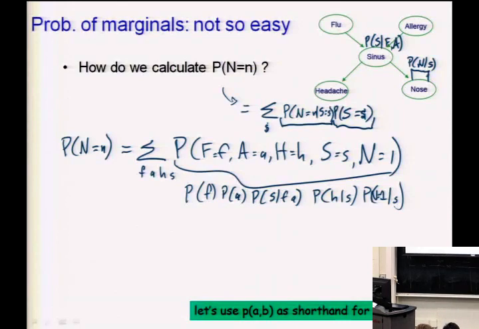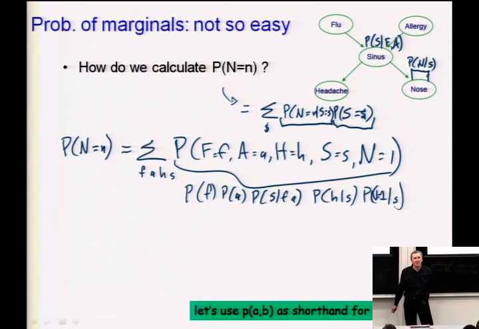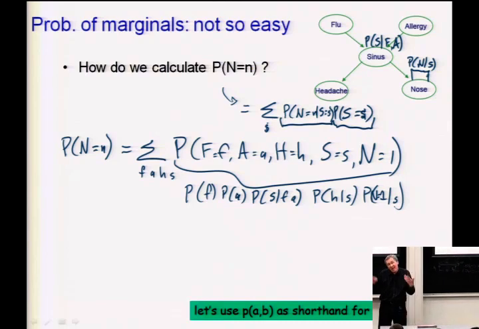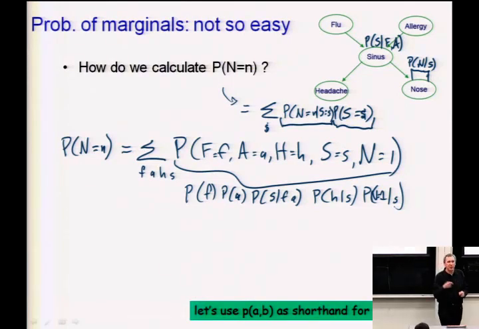But now we're going to have to sum that over all possible configurations of those variables, and that's basically equivalent to looking up all the rows in our joint distribution.